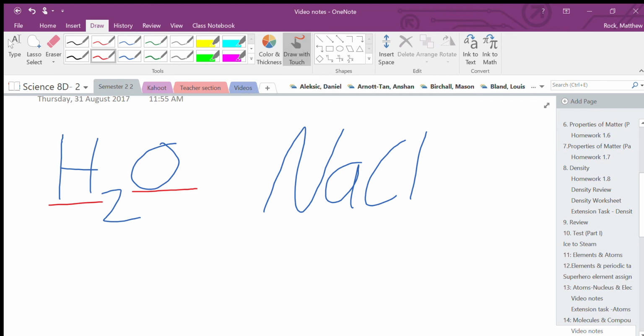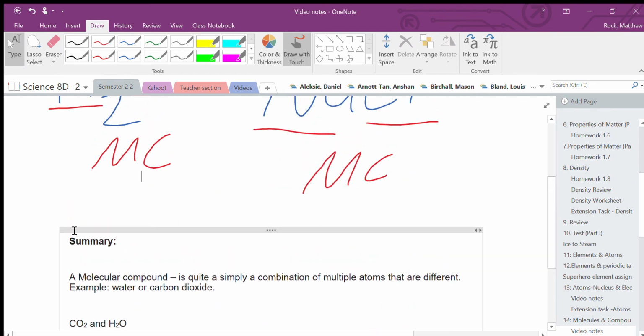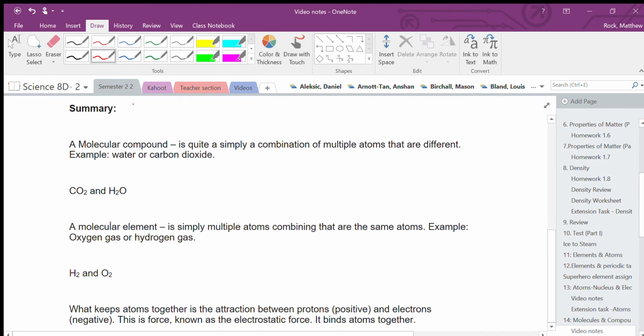Hopefully you've come to the conclusion that this too is a molecular compound. I'll write MC underneath so you know what I've referred to. This is because we've got multiple elements here. There's two different elements, sodium and chlorine, but they are different, which is what makes it a compound. So if we look down here, let's always remind ourselves that our molecular compounds are a combination of multiple different elements, while a molecular element is multiple atoms that are just the same.